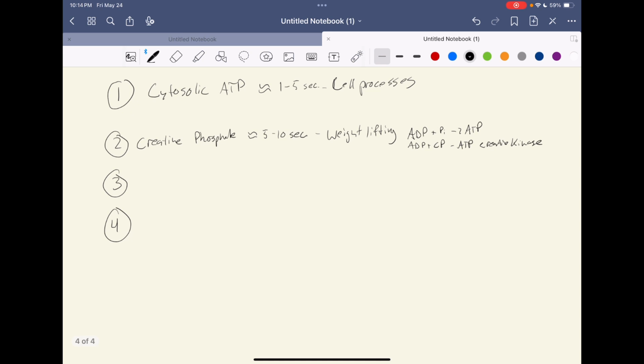The third process we can use is called glycolysis. And this is where we take glycogen to glucose to ATP. And this is good for about 60 seconds, or about a minute.